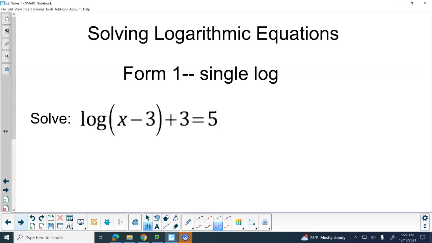Alright, so then we've got logs that we've got to solve too. So for solving single logs, same type of steps. Again, this time we are going to isolate the log term.